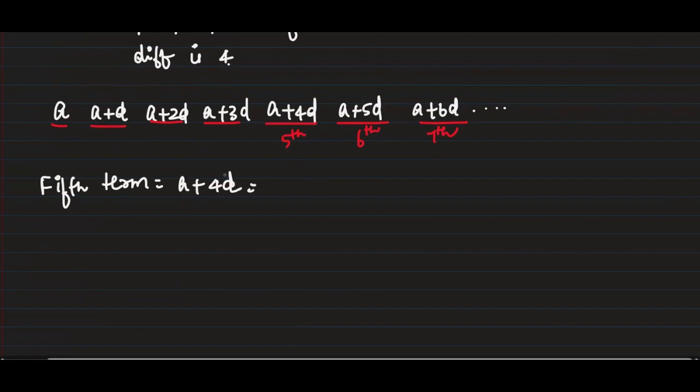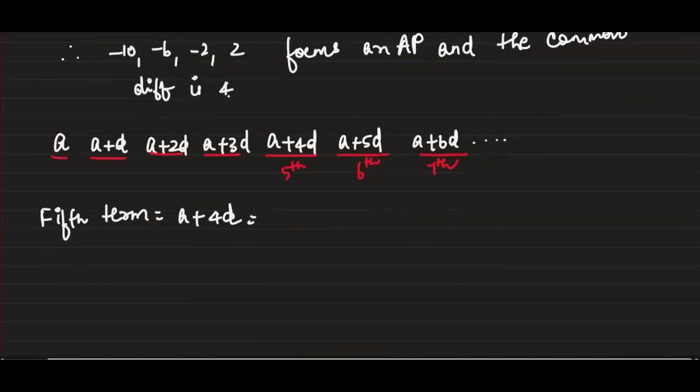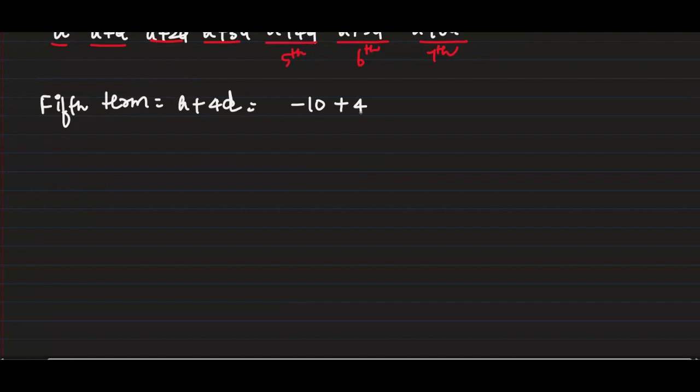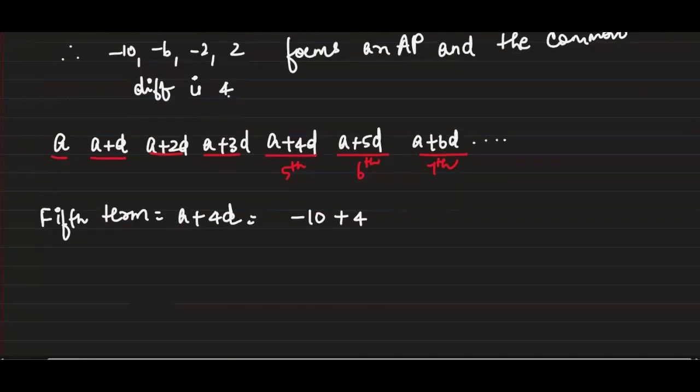So here a is equal to, what is the value for a here? So a is equal to minus 10 plus 4 into the value of d which we've got is 4. So that will be minus 10 plus 4 fours are 16. So answer is equal to 6. So the fifth term will be 6.